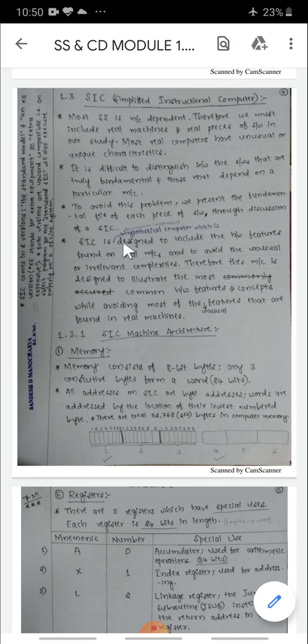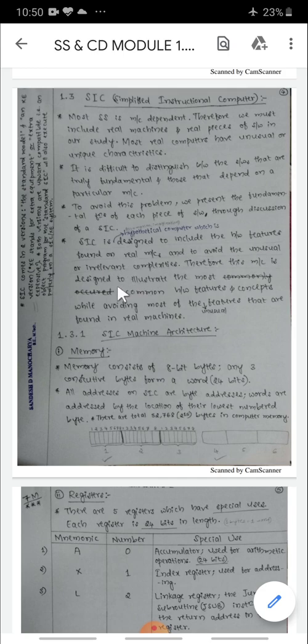SIC is a hypothetical computer which is designed to include the hardware features found on real machines, and to avoid the unusual or irrelevant complexities. So it is designed to include the hardware features which are present on our real machines, and to avoid the unusual or irrelevant complexities.